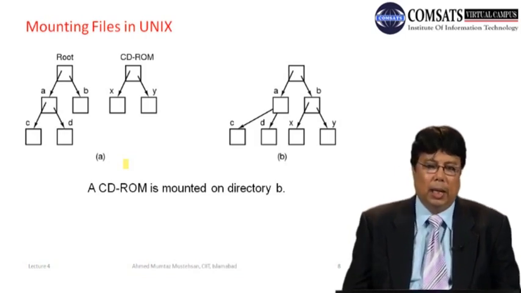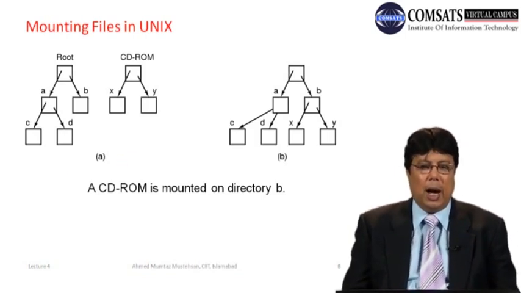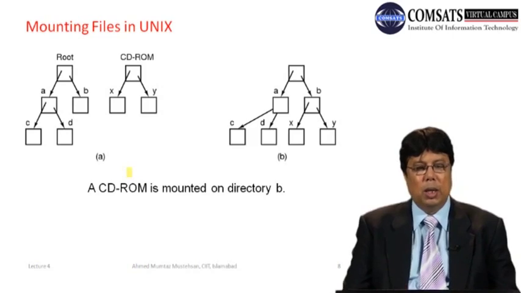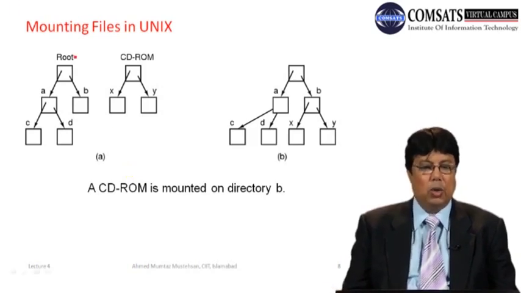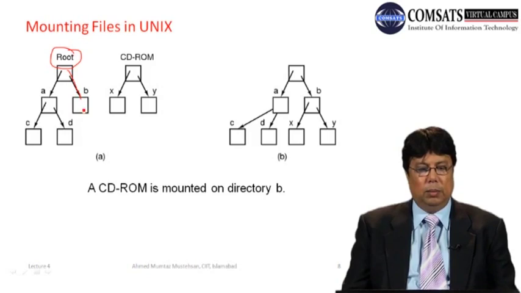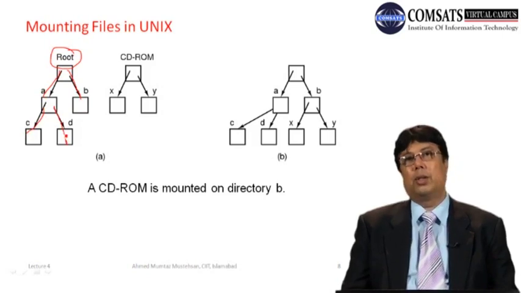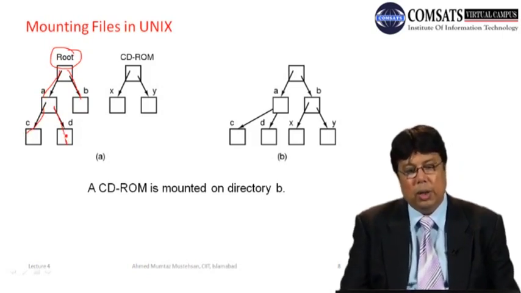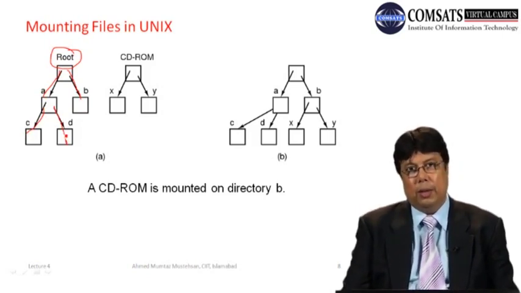For example, in this particular slide, you see that we have a root, then we have A, B, C, and D. From root, you have a directory B, then you have a directory A, then under A you have C and D. So this is the file structure available on the Unix file system.